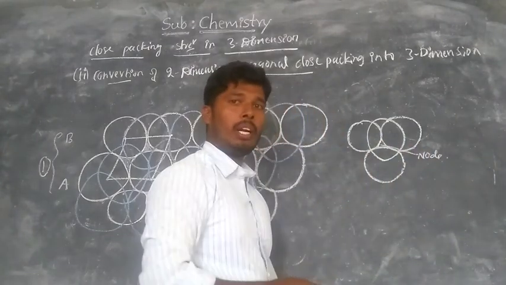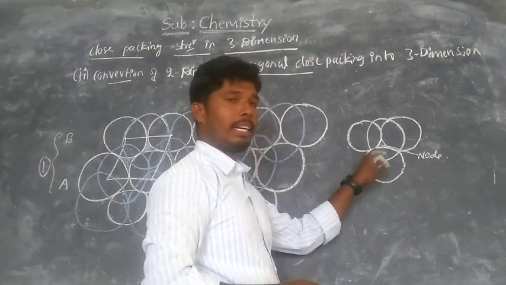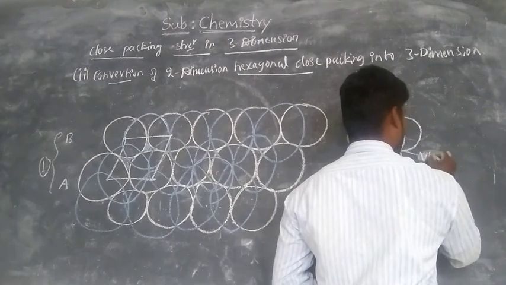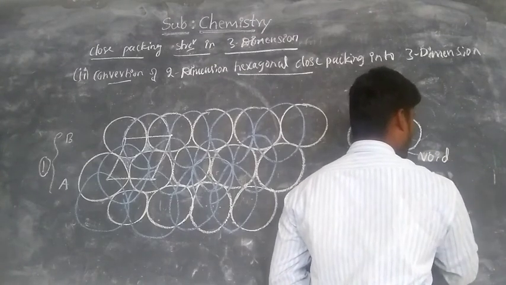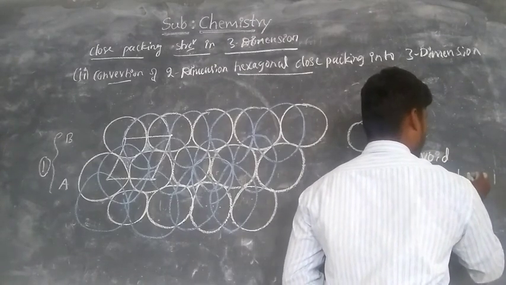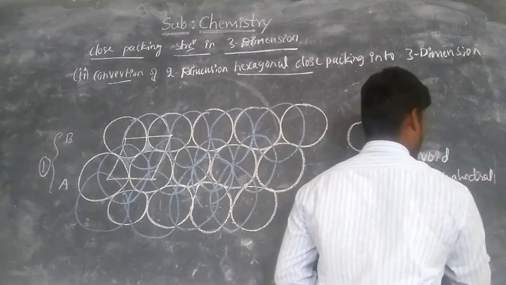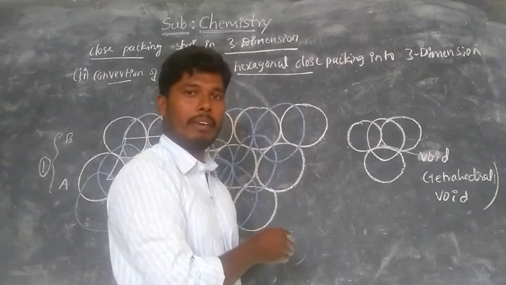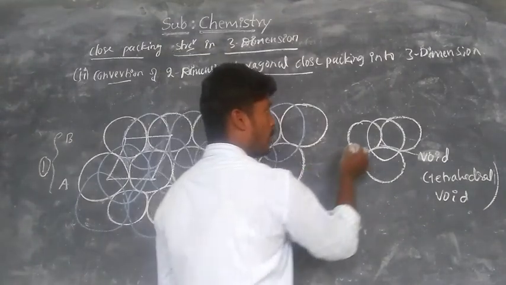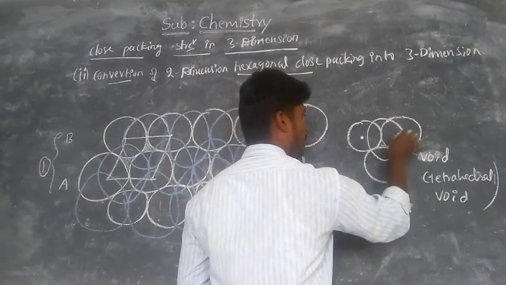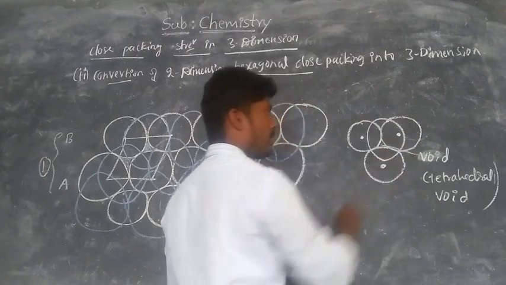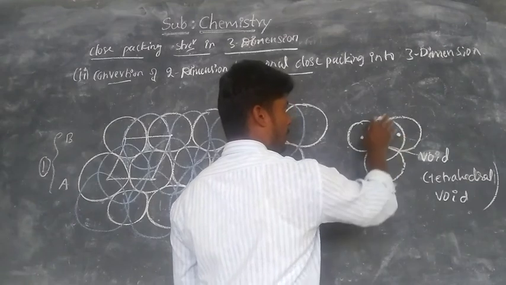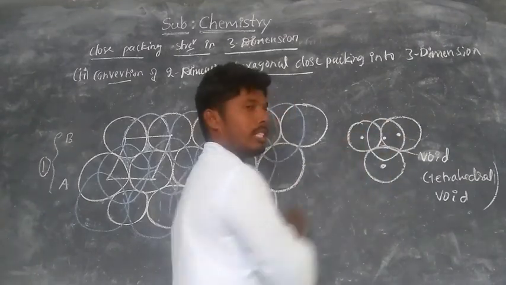This node we call a tetrahedral void. This void is called a tetrahedral void. Why do we call it tetrahedral void? Observe, let's take this, the center point of the circle. These are the three center points of the circles, and this is the center point of this fourth circle.